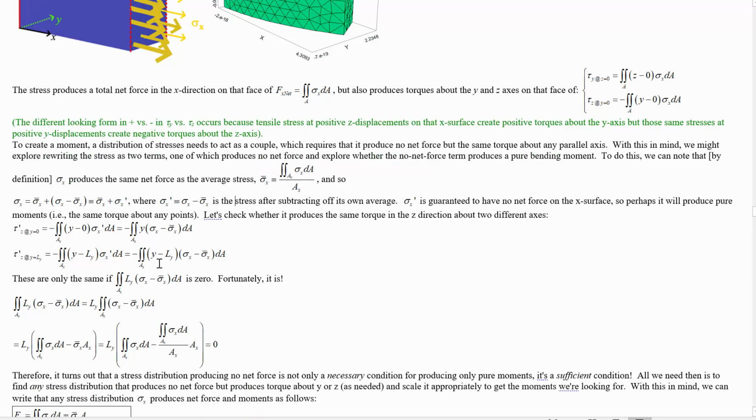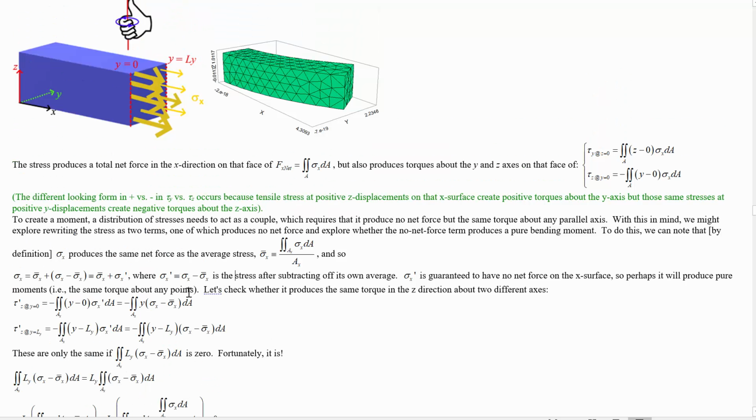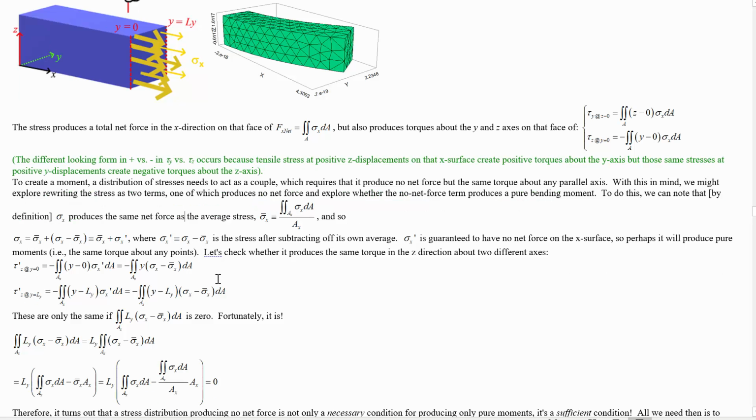Because this Ly displacement of the axis is a constant, so you can factor it out of the integral. Now we've got inside the integral sigma x minus sigma x bar. But that's 0 for the exact same reason that the net force produced by this thing is equal to 0. So this means that any stress distribution which produces no net force must therefore also, if it produces anything at all, produce a pure moment.